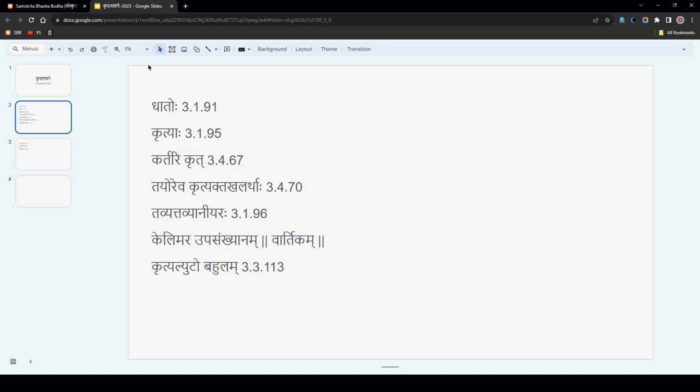There is another sutra called Krudating. Krudating is a basic sutra, and I will write it here.